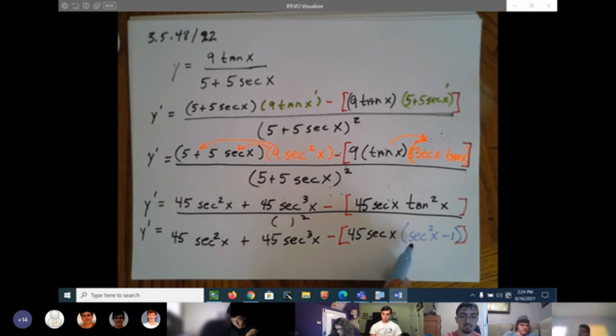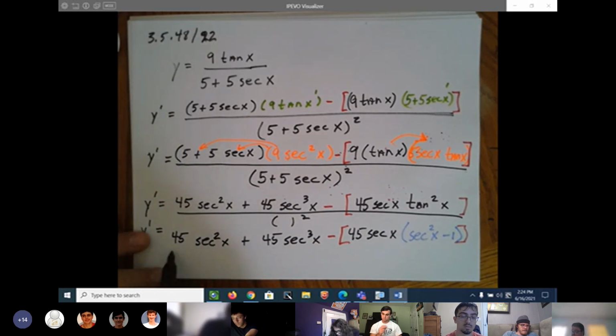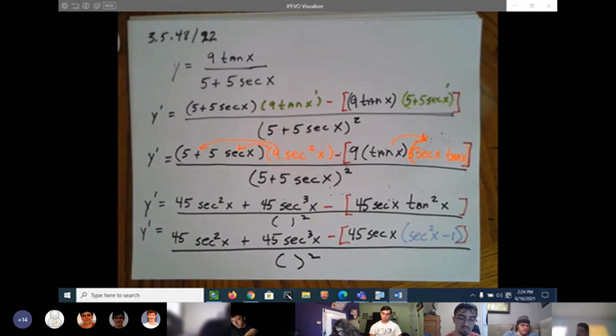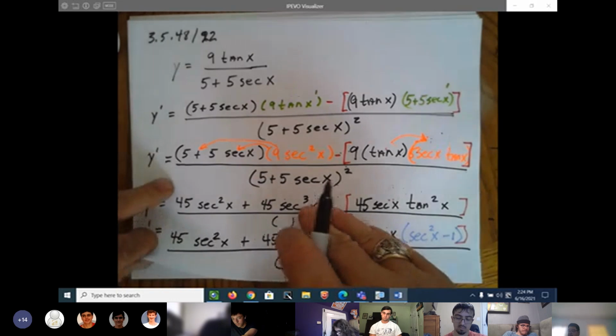Hey, I see a secant cubed and a minus and a minus and a plus. I think we're going to get something to cancel out over something squared. And I'm going to carry this over to the next page.